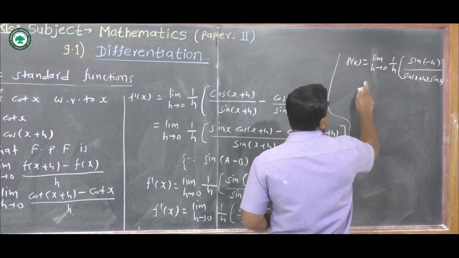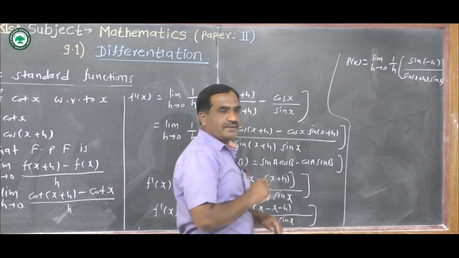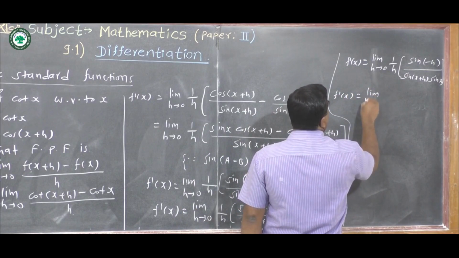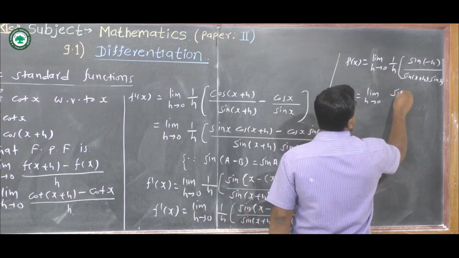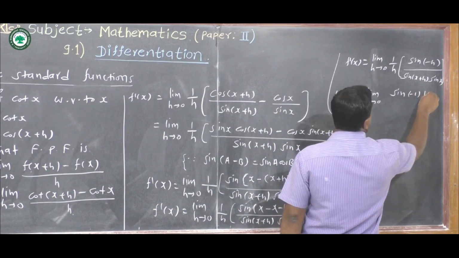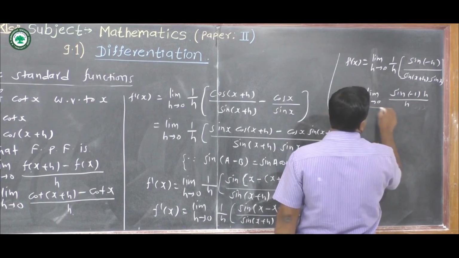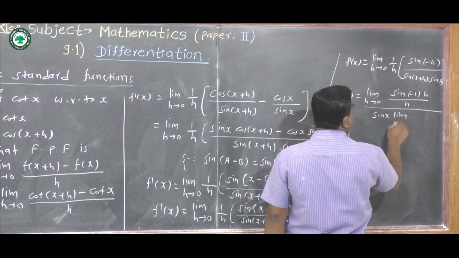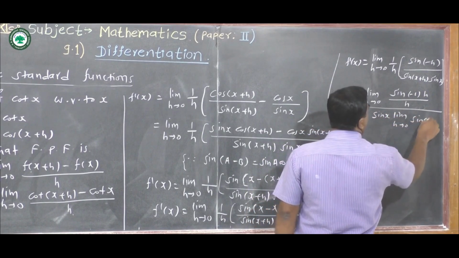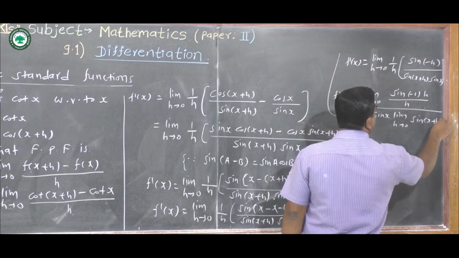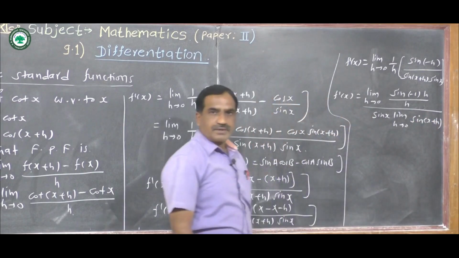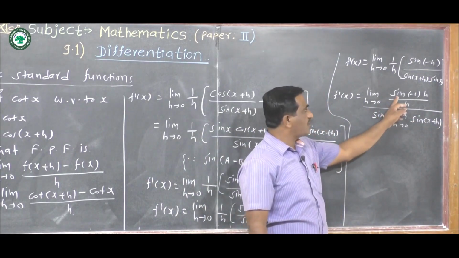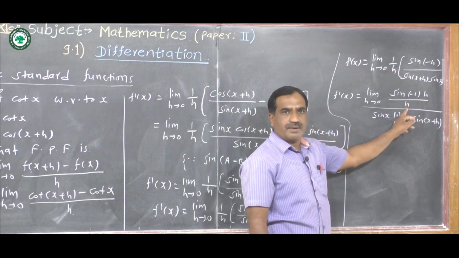Okay, now we can take separate limits for the numerator and denominator, that is f dash of x equal to limit h tends to 0 of sin of minus 1 into h upon h, divided by, here sin x is a constant term, into limit h tends to 0 of sin of x plus h. Now here we can use the formula limit x tends to 0 sin mx upon x equal to m.